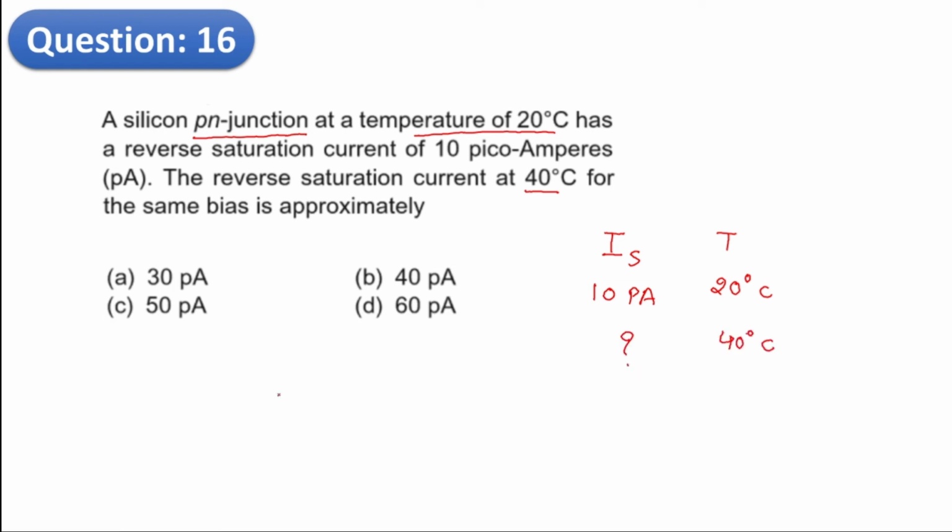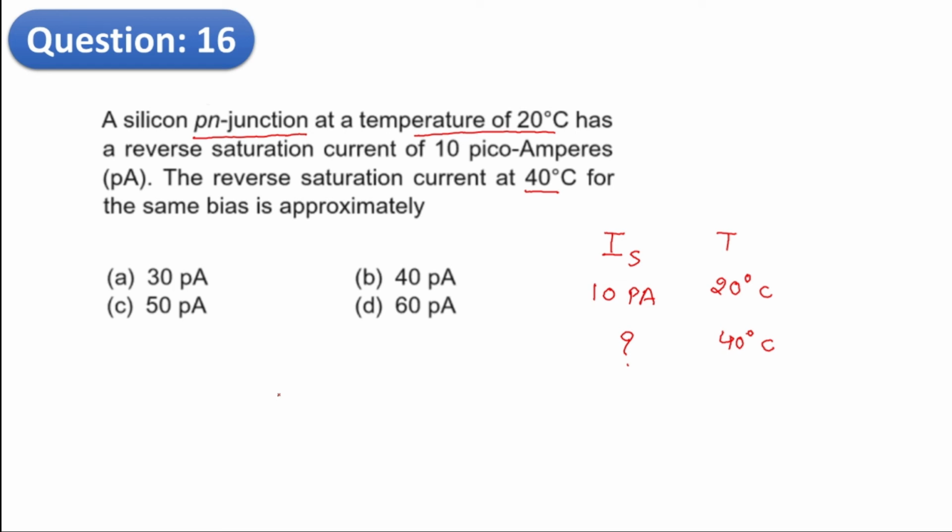So we know the temperature dependency of saturation current: IS at T2 equals IS at T1 into 2 to the power (T2 minus T1) divided by 10.